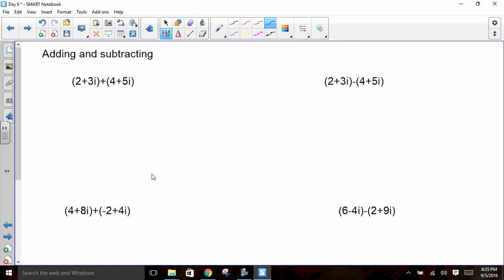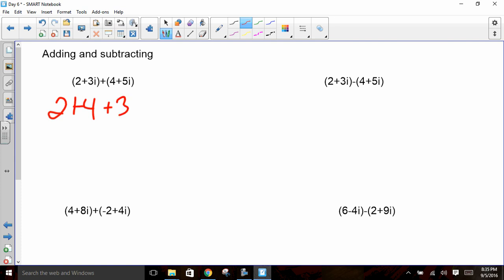Alright, let's take a look at adding and subtracting. So when I'm adding a group of something together, I want to put the same type of numbers together. So I want to put my real numbers, or my 2 and my 4, together, and then my imaginary stuff, or the things with the i's. So in this first example, we're actually adding. So I'm going to take my real part, which is 2 and 4, and add them together.